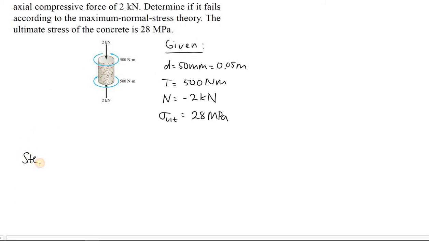So step 1, free body diagram, and drawing out our elements. In this case, the free body diagram is fairly simple. It's basically just a copy of what we have above.